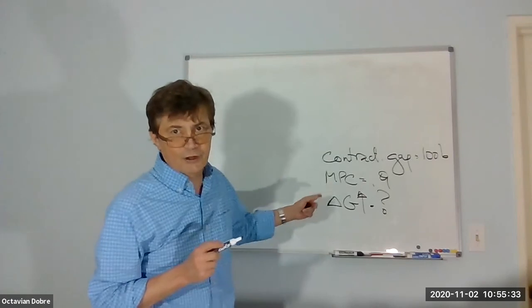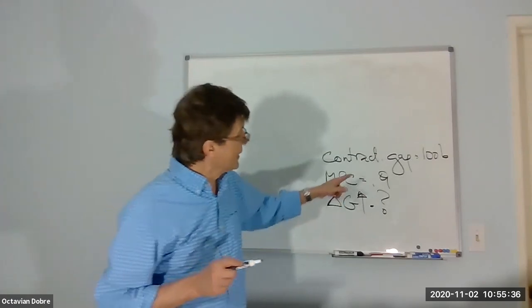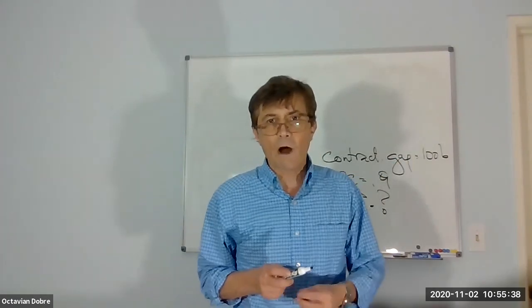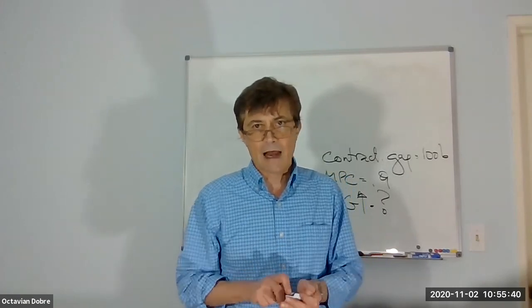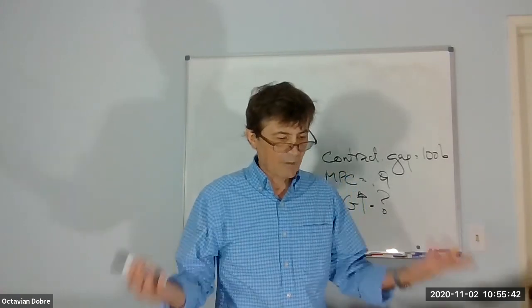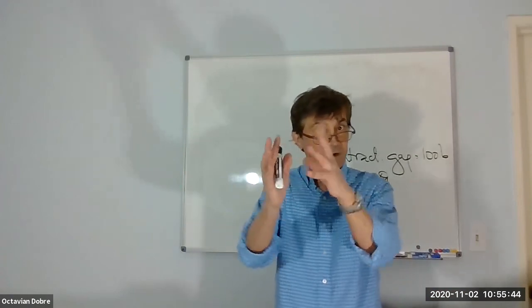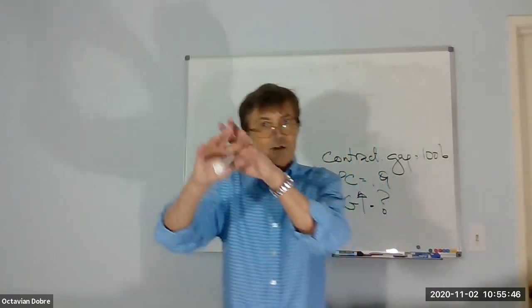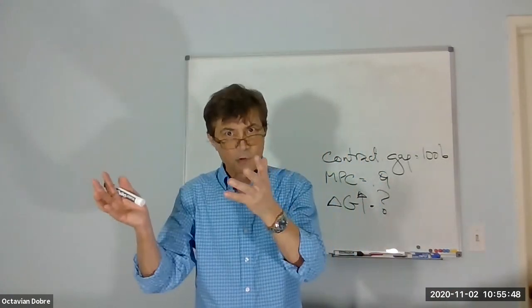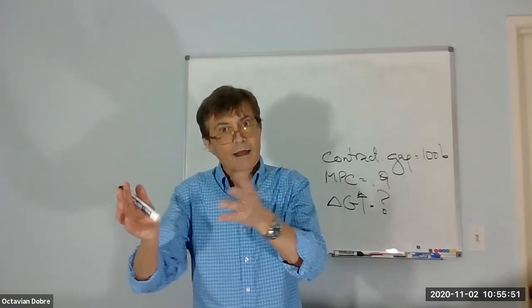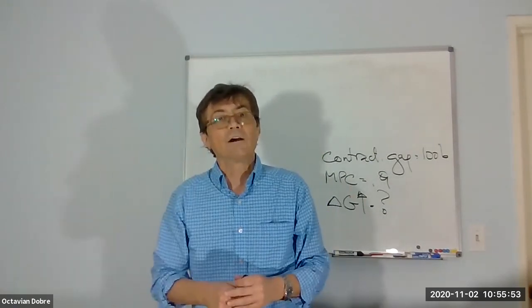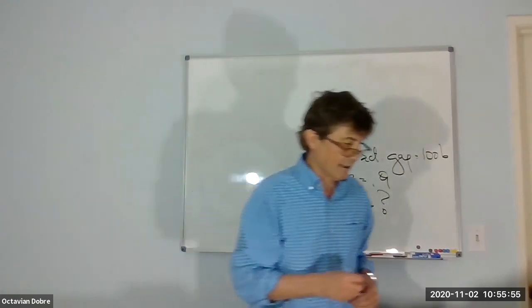By how much should government spending go up in order to close this $100 billion gap? So you tell me. Remember that the increase in government spending is going to get multiplied by the spending multiplier, and you know the formula, and that's going to have to close that $100 billion gap.